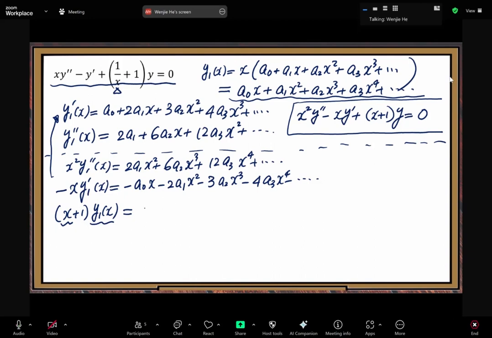So x times y1: a0 x squared plus a1 x cubed plus a2 x to the 4th. Because for the highest term, we just get to x to the 4th.